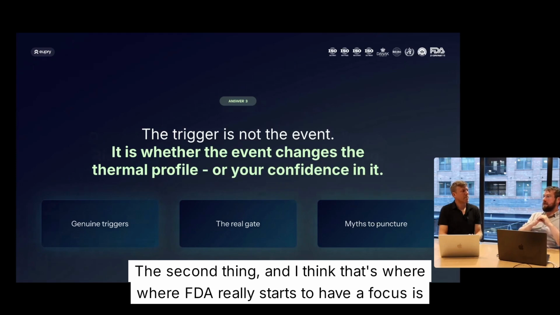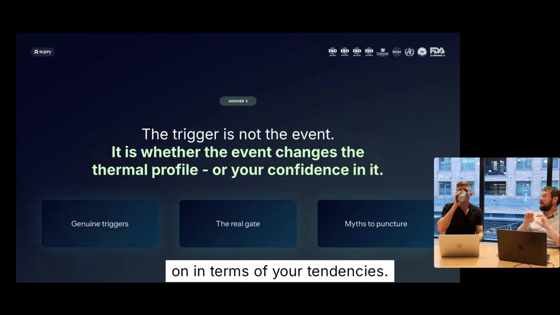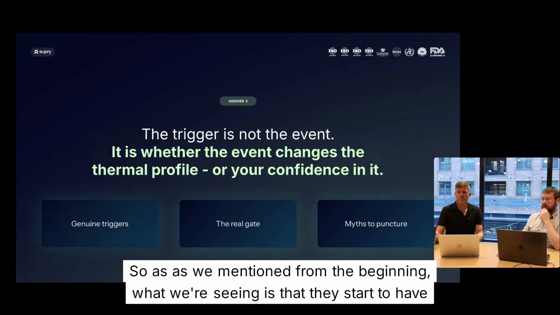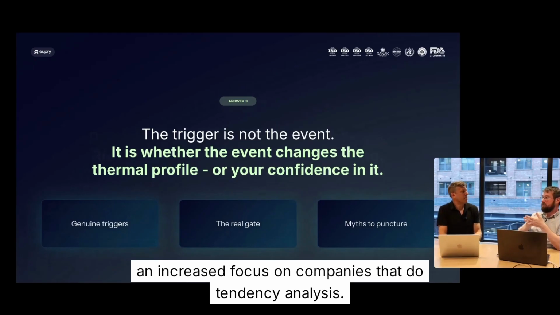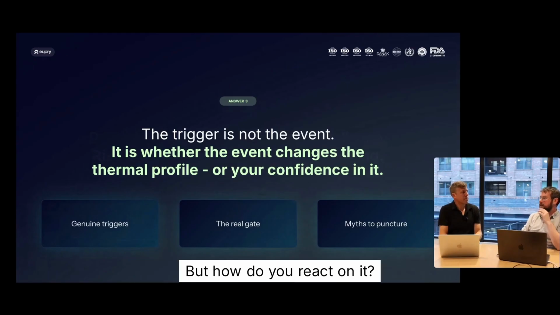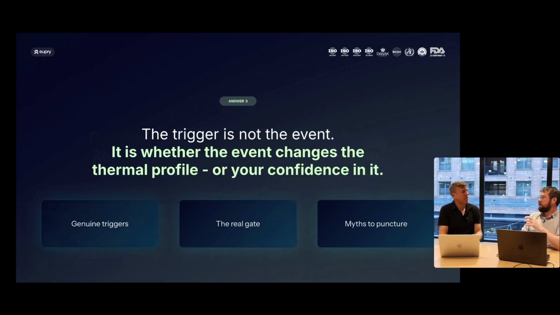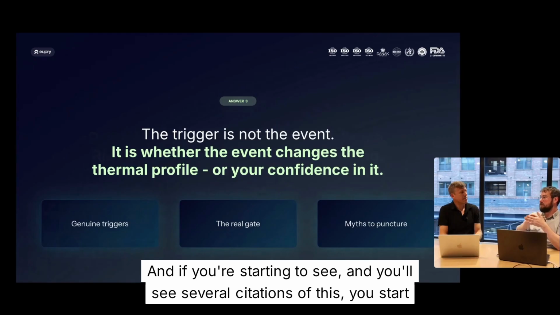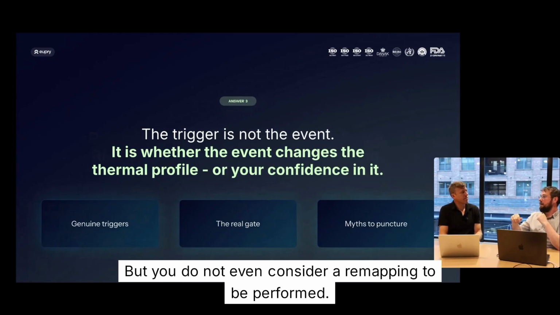The second thing, and I think that's where FDA really starts to have a focus, is on your tendencies. As we mentioned from the beginning, what we're seeing is that they start to have an increased focus on companies that do tendency analysis. They'll write out the temperature profiles, they'll do a lot of different things, but how do you react on it? And if you're starting to see, and you'll see several citations of this, tendencies going the wrong way, but you do not even consider a remapping to be performed.